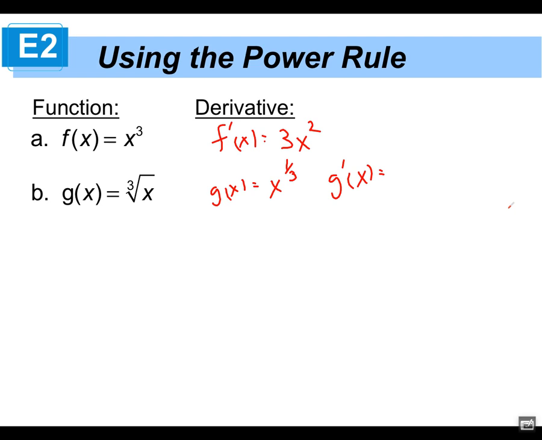I threw an extra step in there: I rewrote the function as x to the 1/3 because they're the same thing. And the derivative was 1/3 x to the negative 2/3 power. Well done. 1/3 minus 1 is negative 2/3.